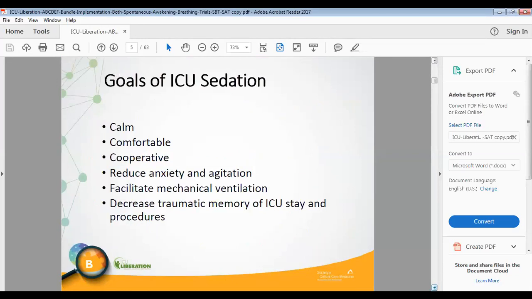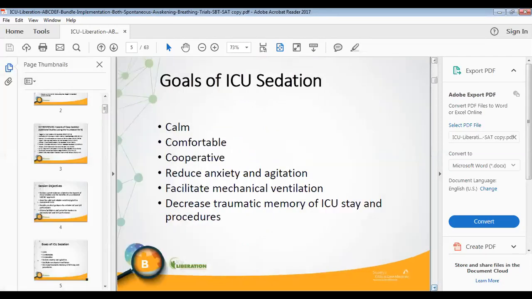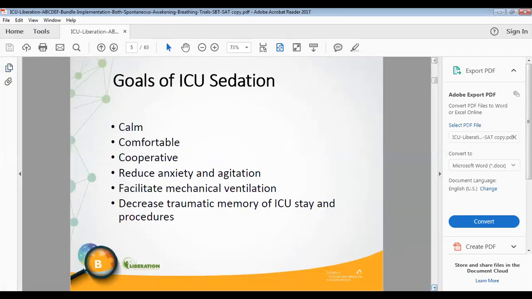So the goal of sedation in the ICU is really not to keep patients heavily sedated. In the past, we used to consider that all patients should be heavily sedated, should be asleep completely for several days. But this concept has changed dramatically, and now our main goal in the ICU is not to sedate the patient, just to keep him calm.